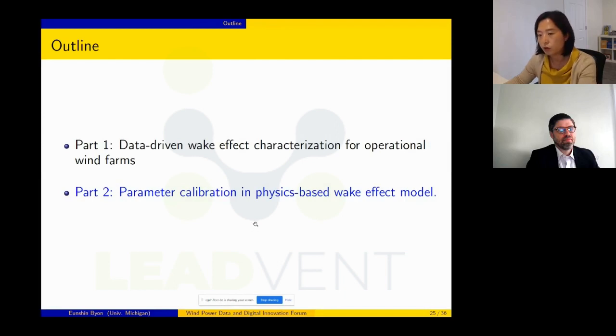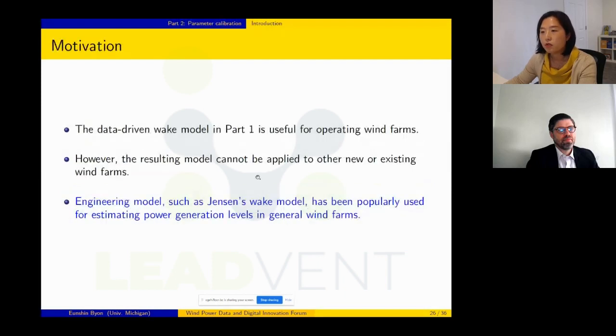Part 2 discusses the parameter calibration in physics-based wake effects models. The data-driven wake model, which I just discussed in part 1, is useful for operating wind farms. However, this kind of power deficit really depends on the layout and the terrain characteristics of the wind farm, so the outputs from part 1 cannot be directly translated into other wind farms.